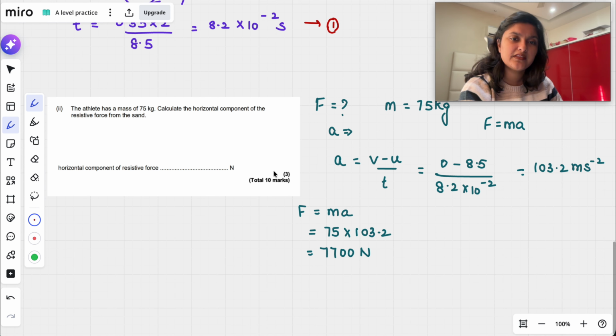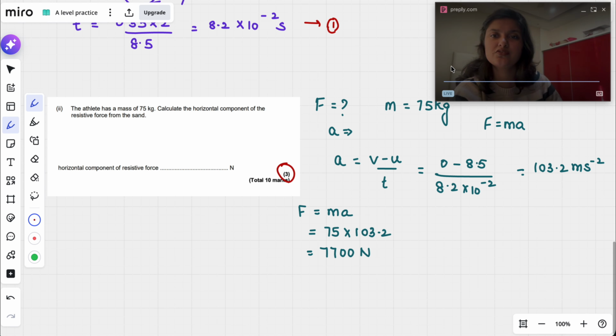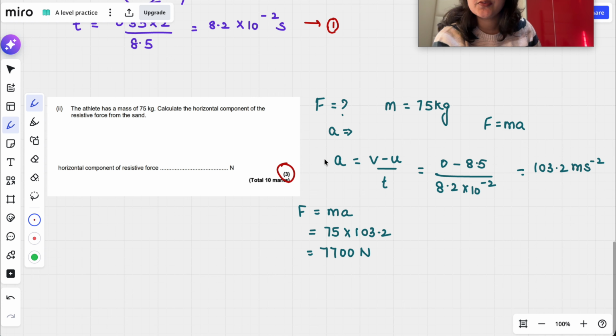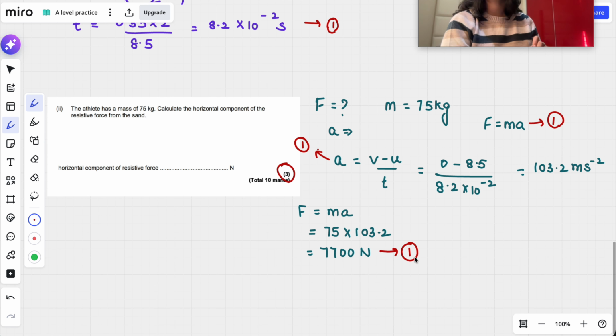Now, how will you get the 3 marks which are assigned to this question? 1 mark is for using this formula over here. The second mark is for this formula over here. And the third mark is for the right answer. So that's how you can get the full marks in this question.